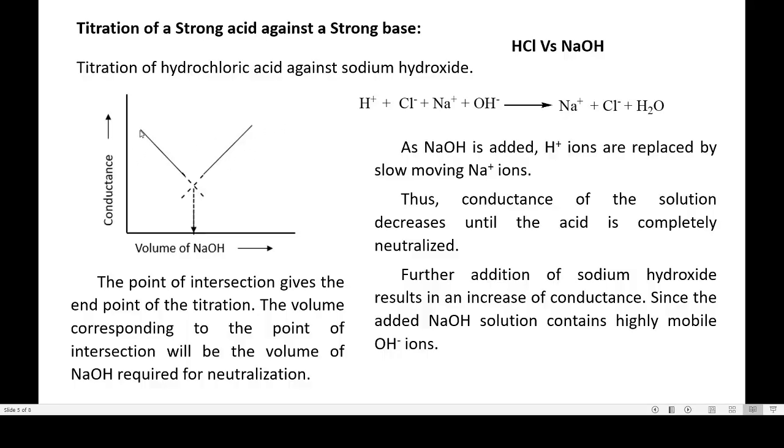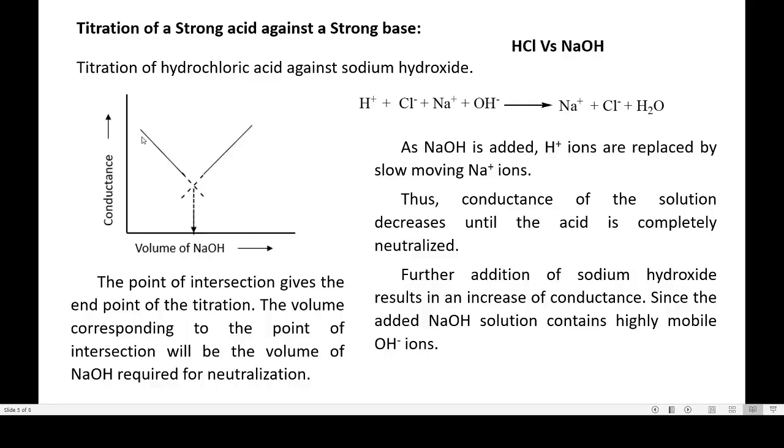So initially conductance will be high due to the presence of highly mobile hydrogen ions. As the concentration of hydrogen ion decreases on addition of sodium hydroxide, conductance decreases. It reaches a minimum value, and after the end point, when all the acid gets neutralized, conductance starts increasing due to hydroxyl ions.